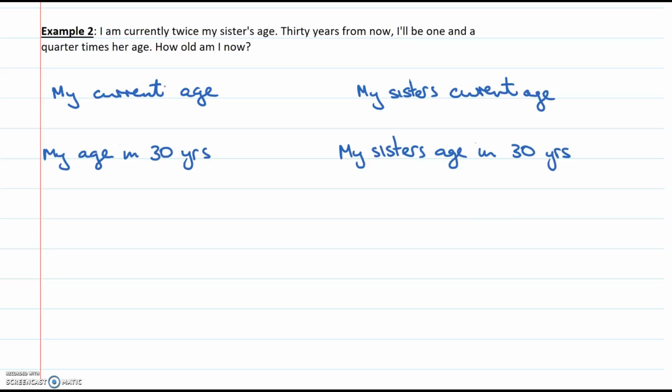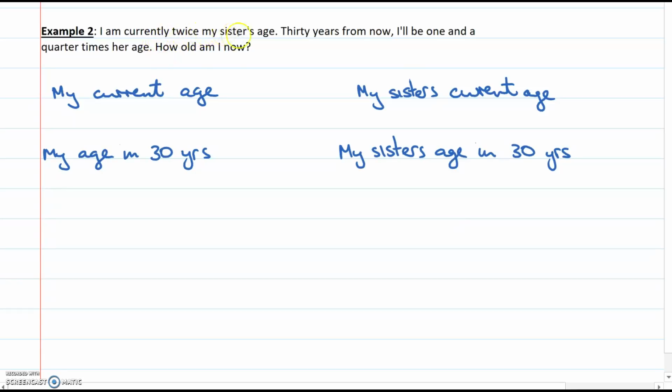And I think it's always better in these questions to let the smaller number be x. Okay? Because then we're talking about multiplication or addition. If we let a large number be x, then we're going to have to divide or subtract. So I think we should let my sister's current age be x because she's younger.